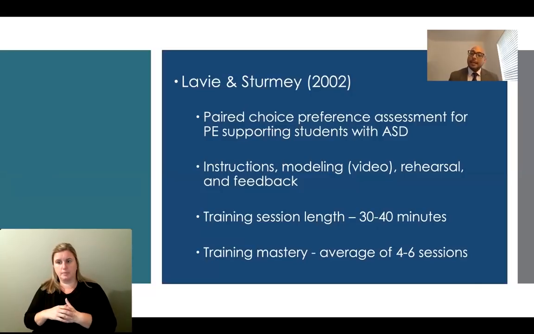As in the Ledford study, Lavi and Sturmy also used instruction, modeling, but in this case video modeling as a form of modeling, skill rehearsal, and feedback. The authors suggested that training session length was between 30 and 40 minutes, and training mastery criteria averaged 4 to 6 sessions.